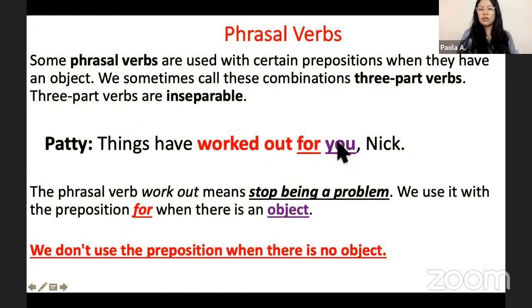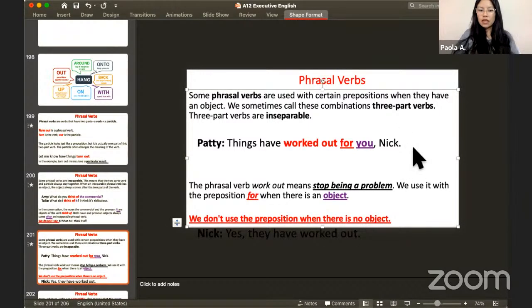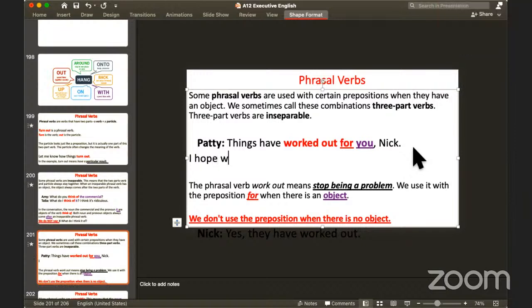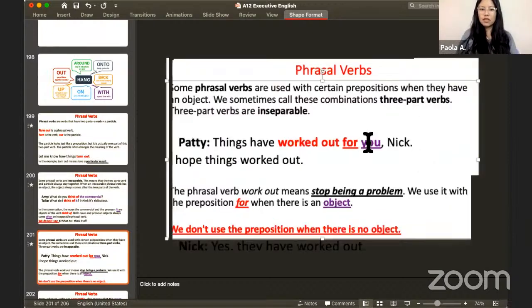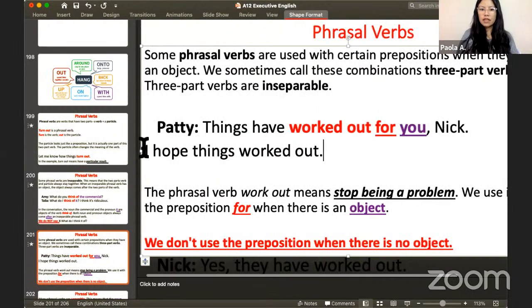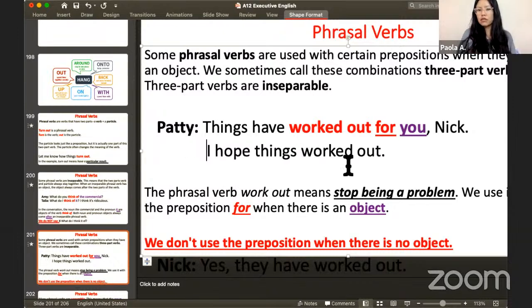So for example, things have worked out mentions the person or the object. Let's see an example without it. I can say, I hope things worked out. If I use it just like that, I'm not necessarily mentioning the person, right? So I'm just saying, I hope things work out.